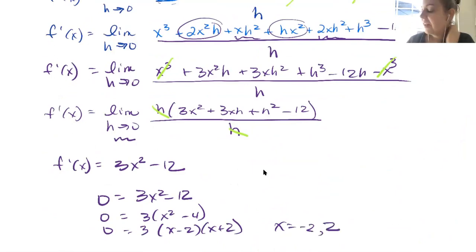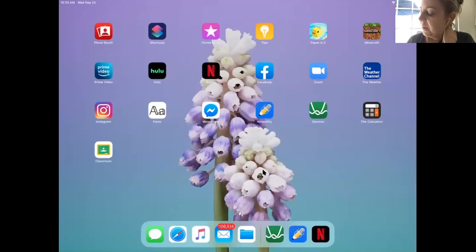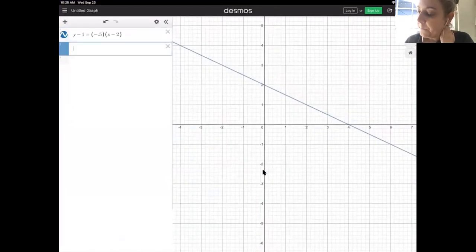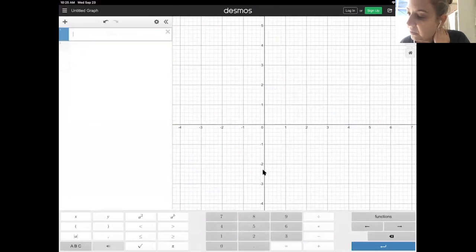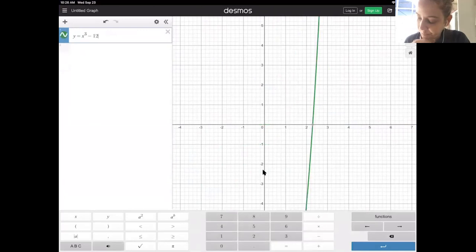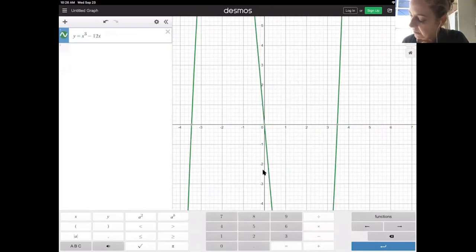I apologize for the long video today. Bear with me. I want to show you one more time what this looks like. Let's get rid of our old stuff. We had y equals x cubed minus 12x plus 4.